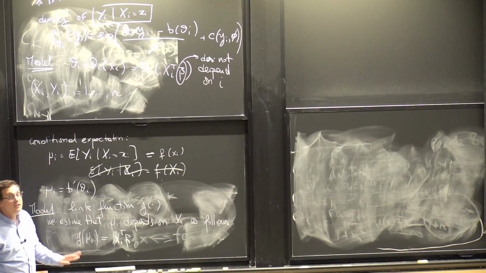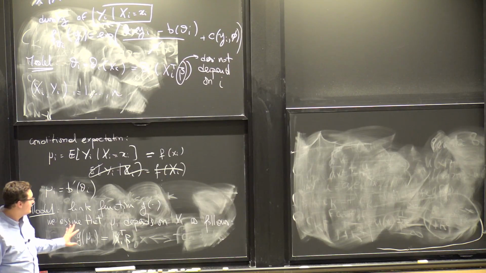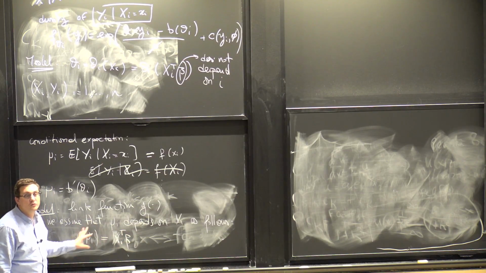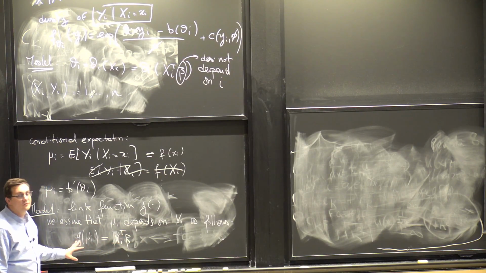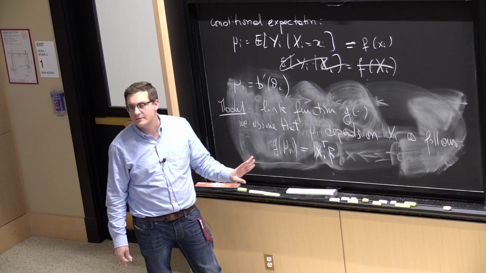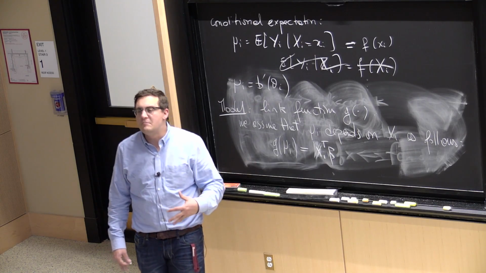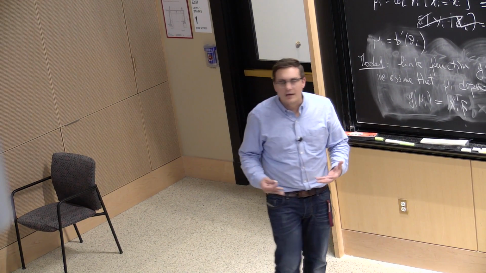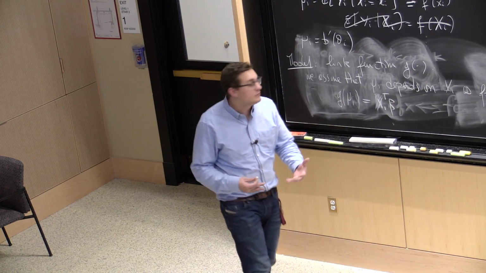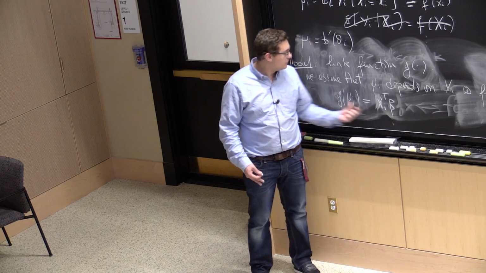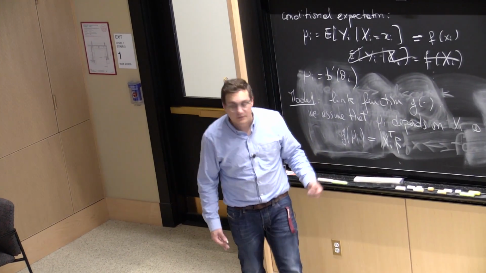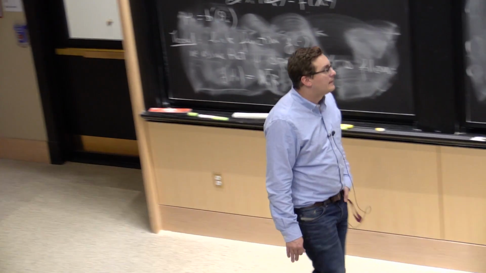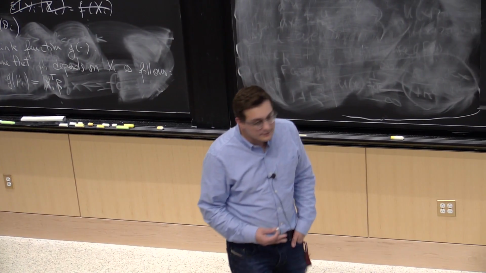And all that g does for us is to make those two things on the left and the right of this equality live in the same space. So in a way, we're not making a much bigger leap of faith than by assuming a linear model. The linear link is already here. We're just making things compatible.